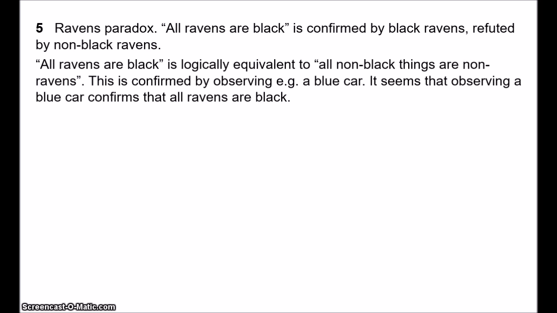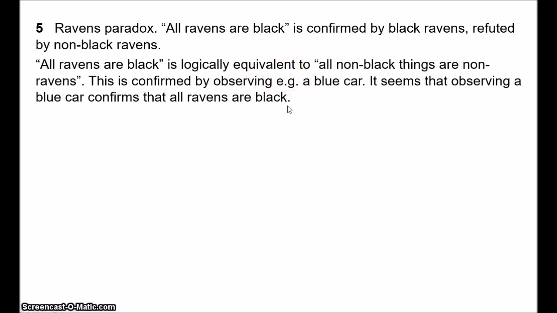So the set of all non-black things doesn't include any ravens. Or in other words, all non-black things are non-ravens. So if you say that all F's are G's, that's logically equivalent to saying that all non-G's are non-F's. I think that's pretty straightforward.